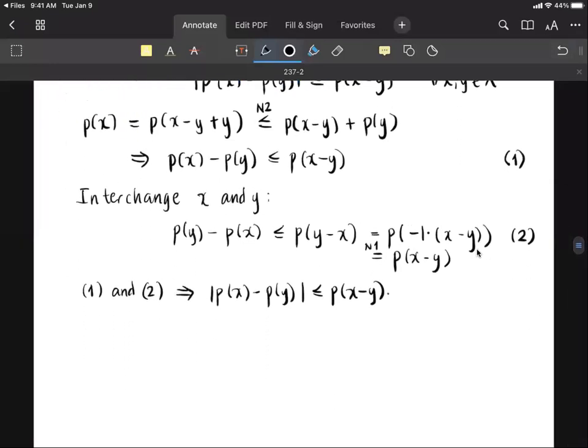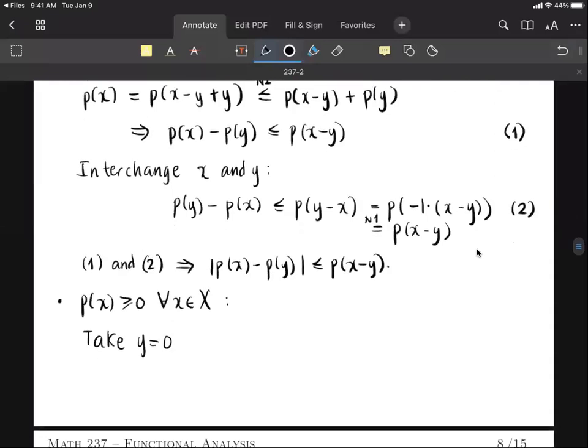And from this, in fact, we could see that the seminorm is non-negative for any x in the vector space. Well, to see this, in the reverse triangle inequality, you just take y to be 0, so that you will have the following. So x minus 0, that's x, is greater than or equal to the absolute value of p of x minus p of 0.